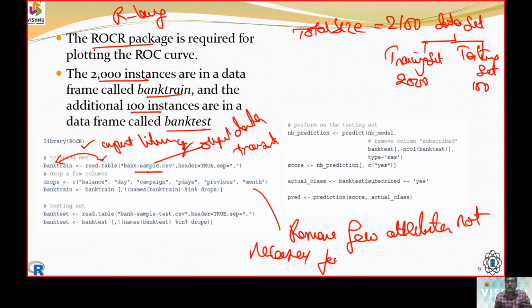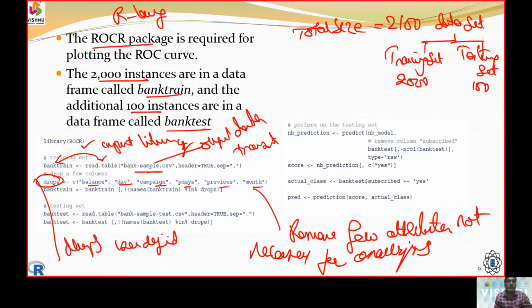not necessary for analysis. So what are these attributes? That is balance, day, campaign, pdays, previous, month. I don't need those. So I'm going to put drops, which is a user defined name.